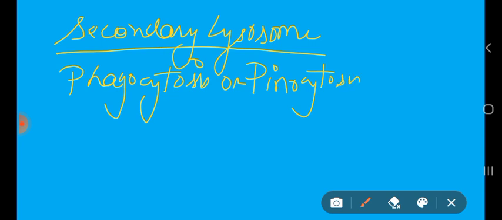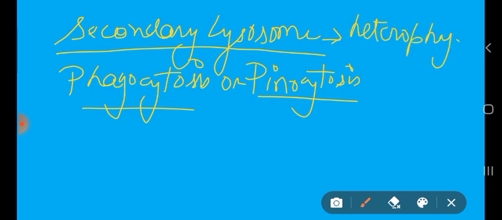During phagocytosis or pinocytosis of a foreign material by the cell, the secondary lysosome is observed. It is also known as heterophagosome, or digestive vacuole.